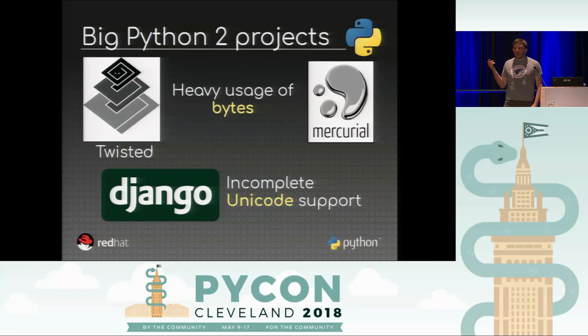And Mercurial decided to use bytes for the file content, but also for the file names. For this reason, it's much more difficult to move this application to Python 3, because in Python 3, Unicode is a first-class citizen type, and using bytes is more complicated. And about Django, they had partial support of Unicode, but it was still incomplete at this time.